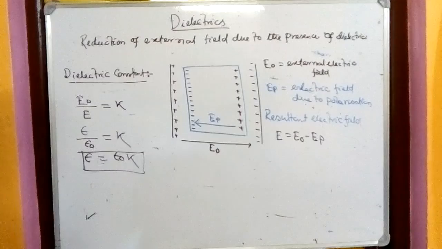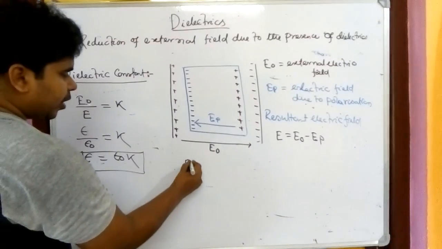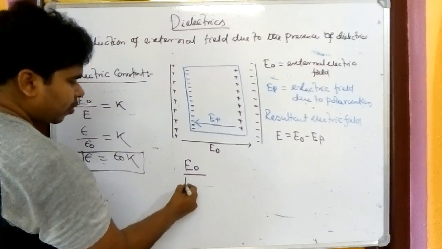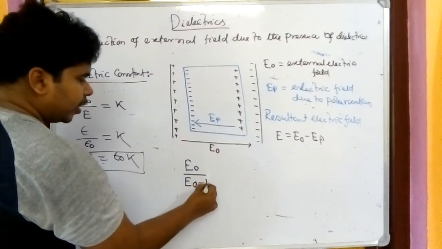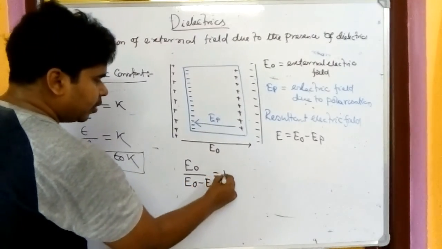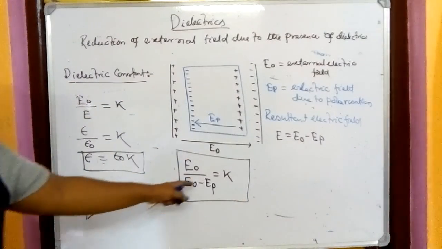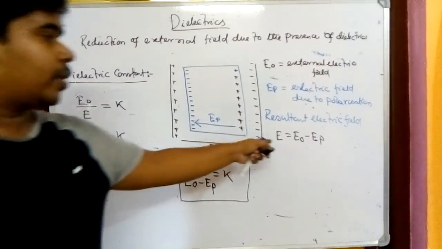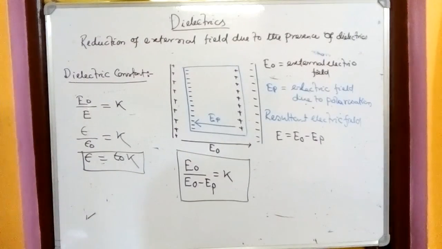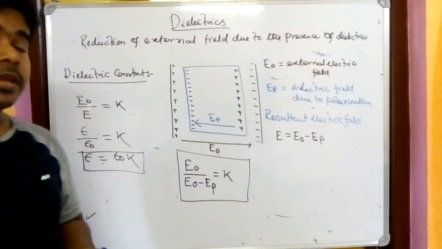So by this statement we can say that the dielectric constant K equals E0 by (E0 minus EP). E0 minus EP means E, that is the resultant or reduced electric field we have seen here.